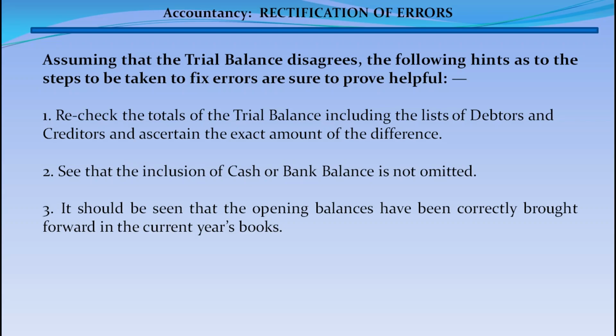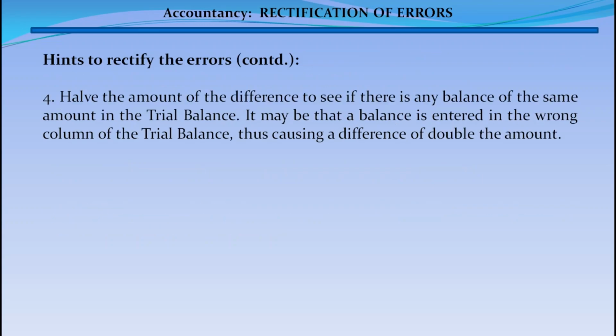It should be seen that the opening balances have been correctly brought forward in the current year's books. 4. Halve the amount of the difference to see if there is any balance of the same amount in the trial balance. It may be that a balance is entered in the wrong column of the trial balance, thus causing a difference of double the amount.